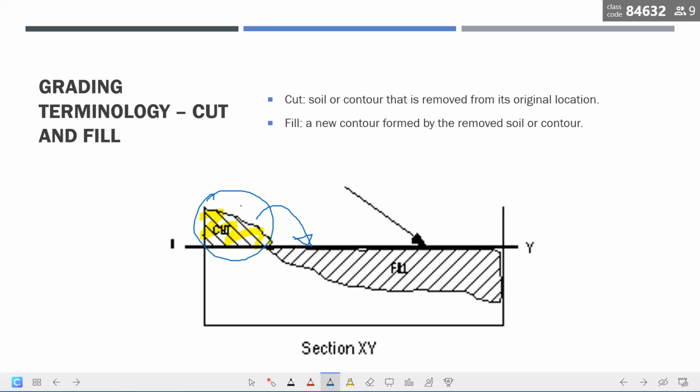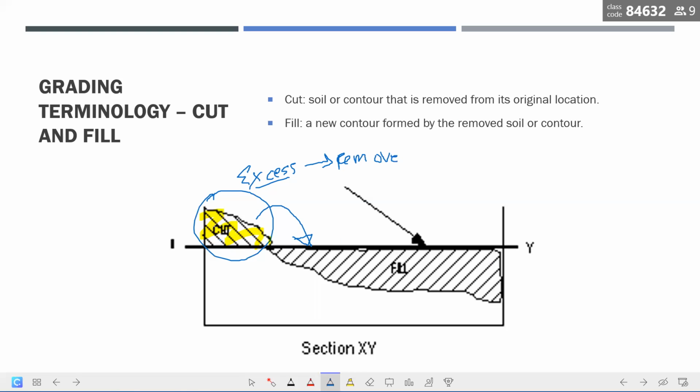So you may end up with excess soil that needs to be removed away from the site because you might not use it anymore.